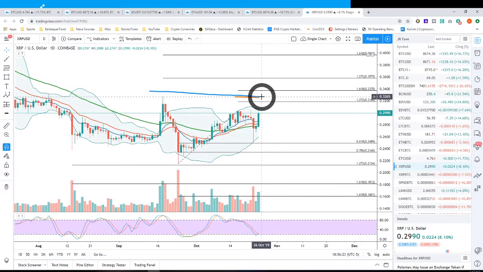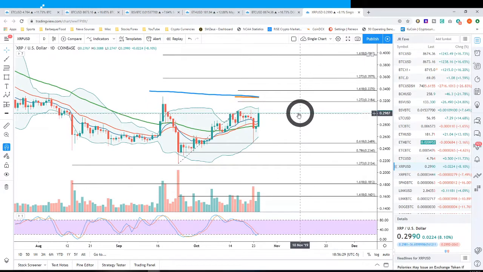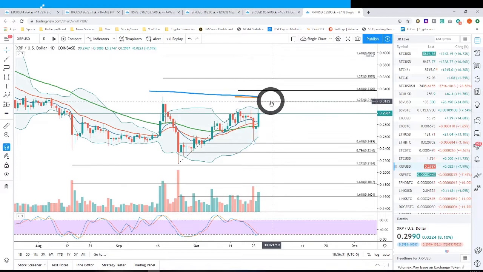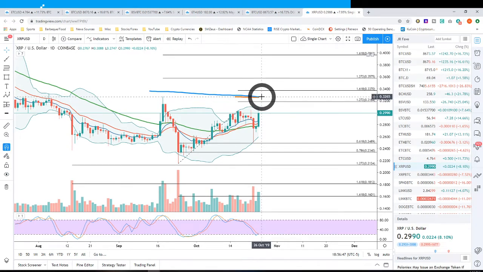So I would say if somebody's playing XRP, then you would be looking at first target 31.8, 31 cents, close to 32. And then your next target is close to 33, and then your next one almost 34. So it could bump a few cents from here.